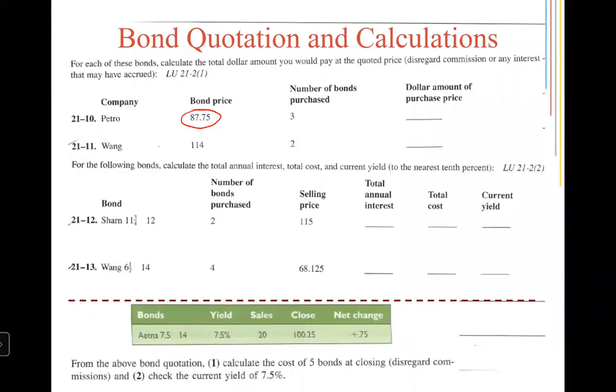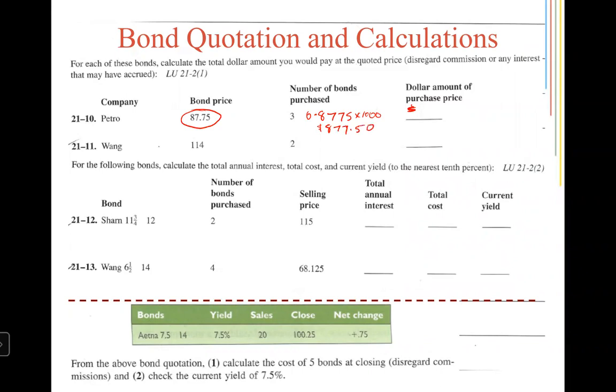$877.50. So you'd say 0.8775 times 1,000. The answer is going to be equal to $877.50.